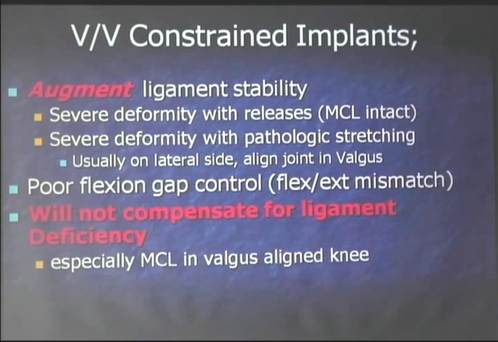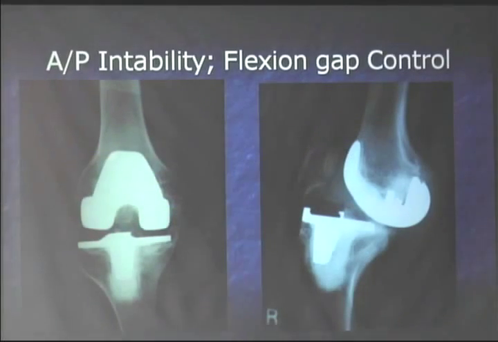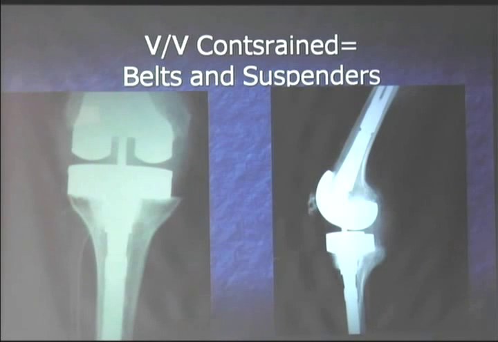But I think it's important to note it will not compensate for substantial ligament deficiency. Here's an example of a patient with very poor flexion stability, and in that patient, one of these varus valgus constrained devices would be required.